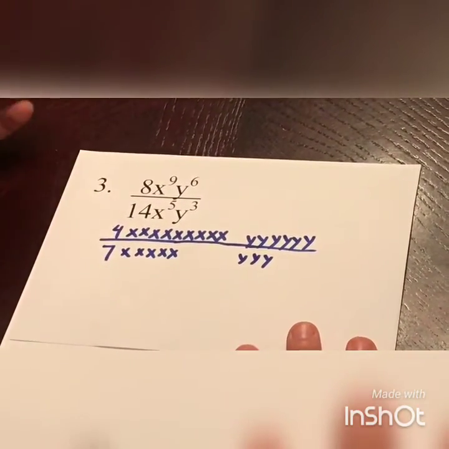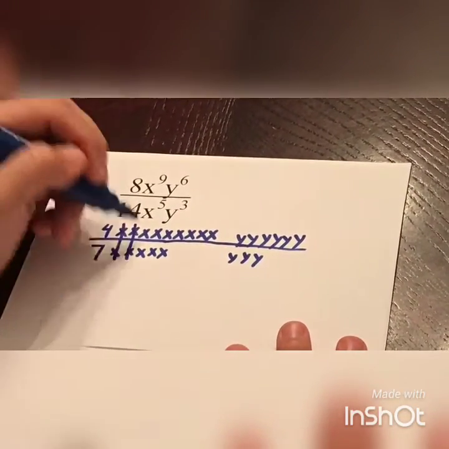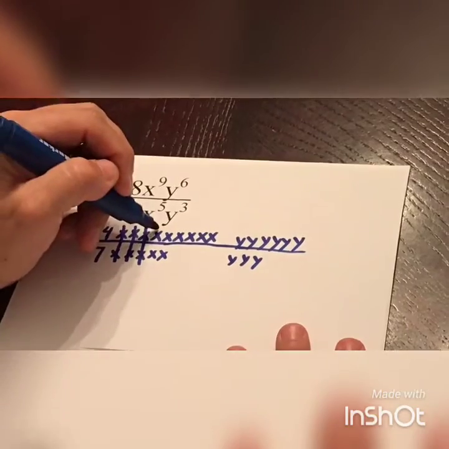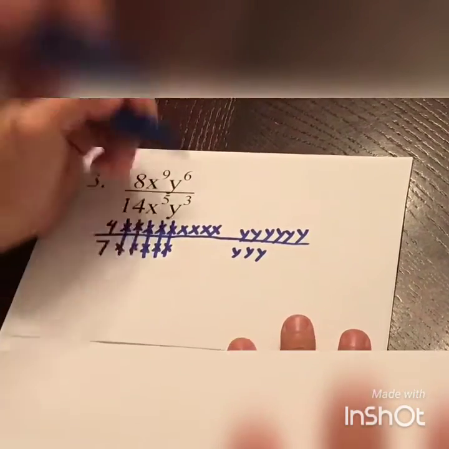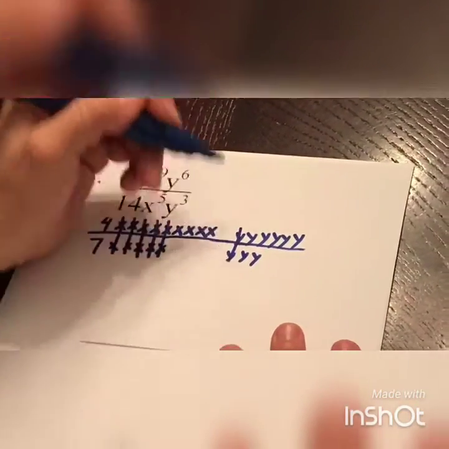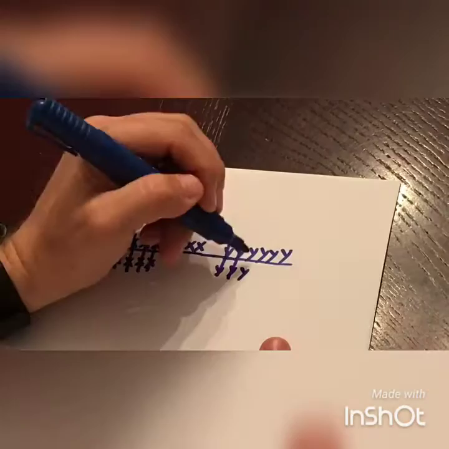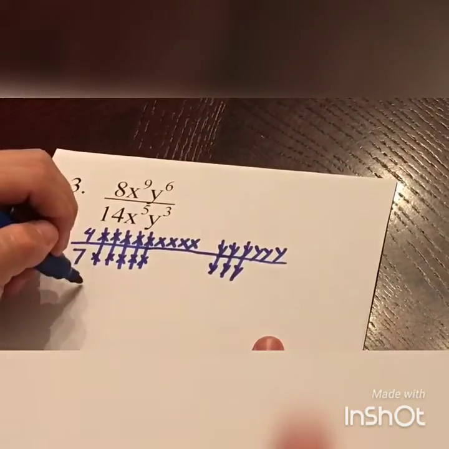Match them up, cross them off. X and X, X and X, X and X, X and X, and lastly, X and X. These X's must stay. Y and Y, Y and Y, Y and Y. These Y's must stay.